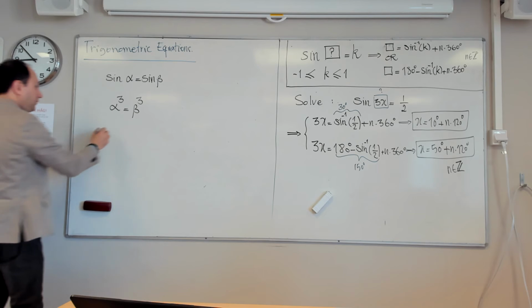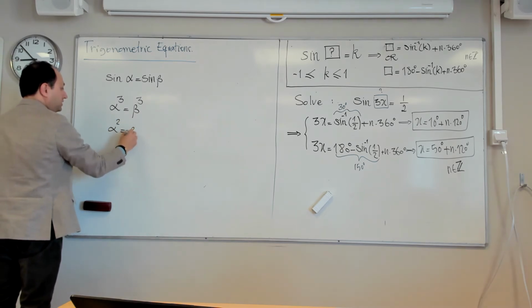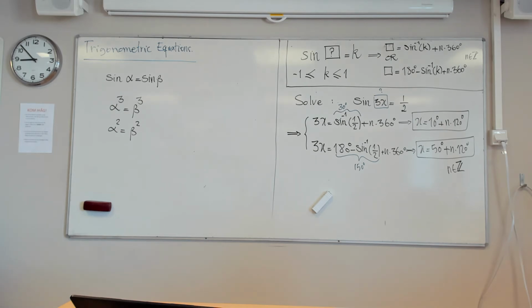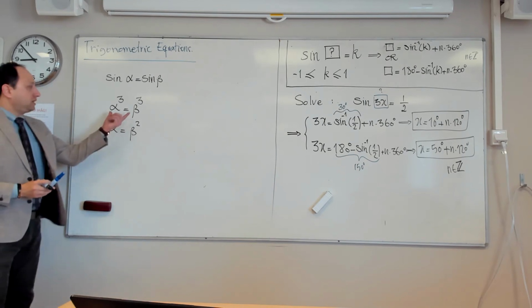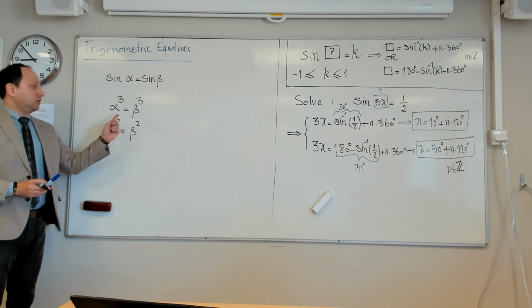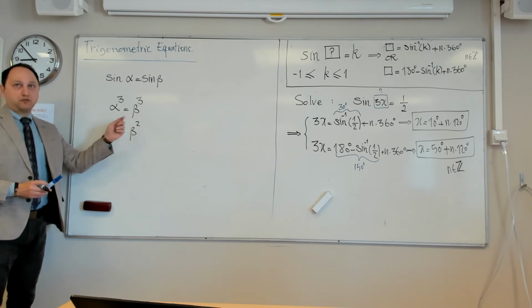But for example, if I ask you the same question for alpha squared, what can you conclude here? You cannot definitely conclude that alpha is 100% equal to beta, because it might be that this is minus beta. So don't think that because the structures look similar, you can immediately conclude that these variables should be the same.